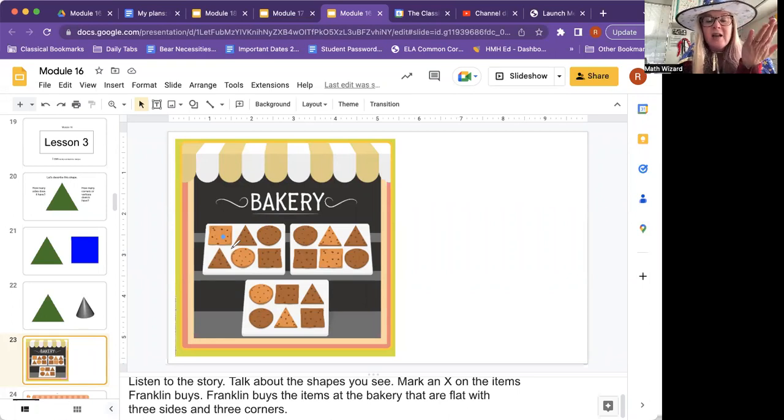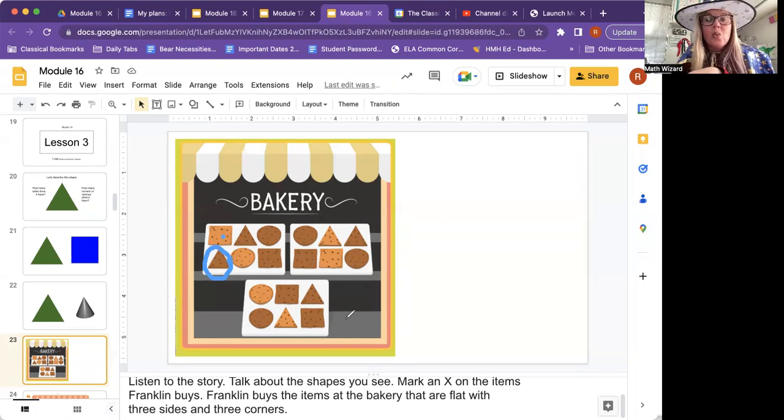It's flat. Does it have 3 sides? Let's count. 1, 2, 3, 4. Not that one. How about this one? 1, 2, 3. Ooh, it has 3 sides. How many corners? 1, 2, and 3. So this is a triangle that he buys. He buys only the kind that are flat with 3 sides and 3 corners.